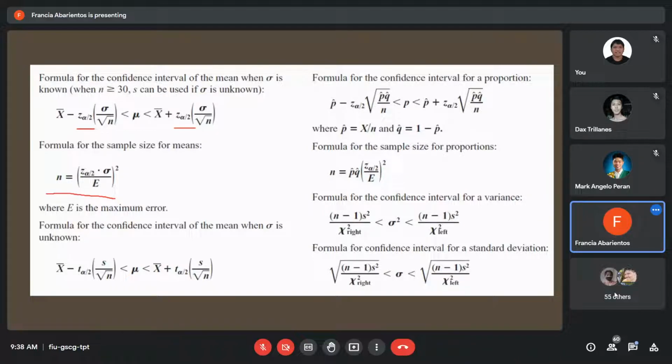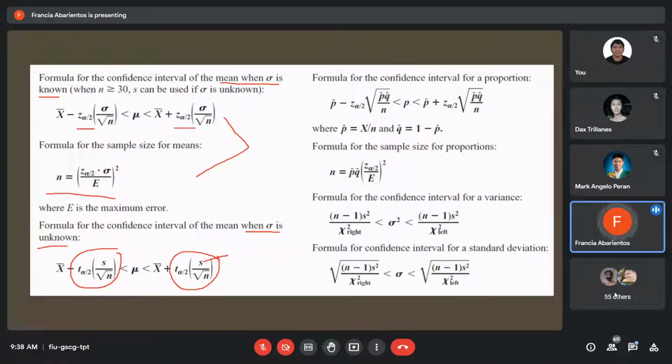And here, class, above, for the z-value, when our population standard deviation is known, we make use of the z. But when the population standard deviation is unknown, we make use of the t-test or the t-distribution. And your s now is your sample standard deviation.